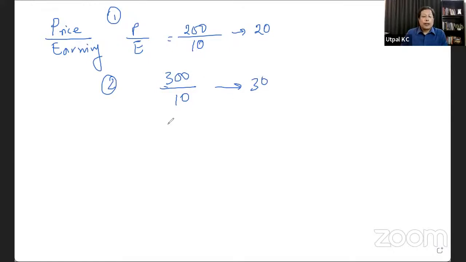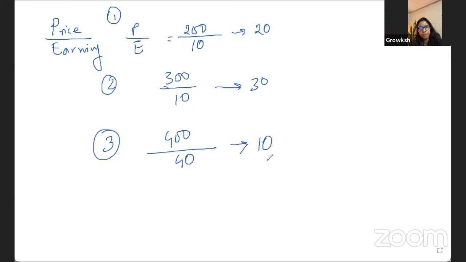Now next, what happens? The third case, where you saw a crossover: price has gone up to say 400, but earnings has gone up to say 40. What is the PE now? 10. 10, right? Okay, got it.